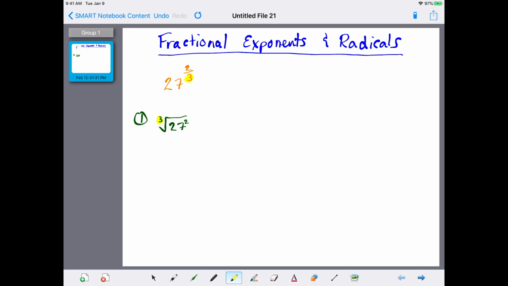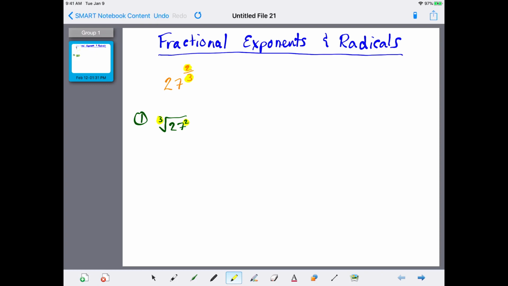That's always going to be the case. And then the numerator of our exponent just stays as the exponent with the base in the radicand. So this is one way that we can do this, and you may have heard there's "root and flower." You can think of it that way, with 2 being the flower and 3 being the root.